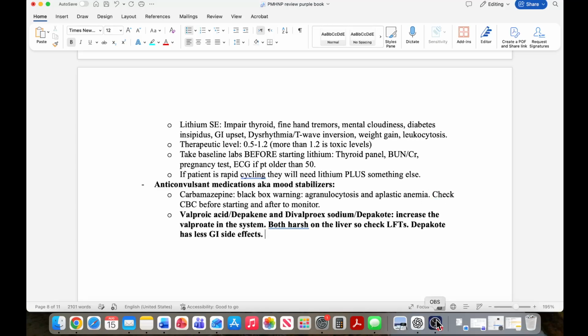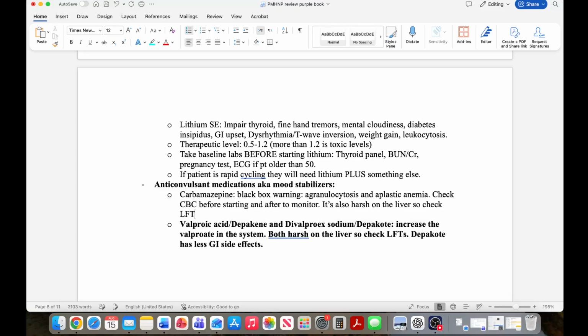So I don't know. Okay, so now carbamazepine. Are we checking liver for that too? One second. So yes, even carbamazepine, we have to check. It's also harsh on the liver. Check LFTs before prescribing. So these are not random medications you can just prescribe. You have to get blood work.